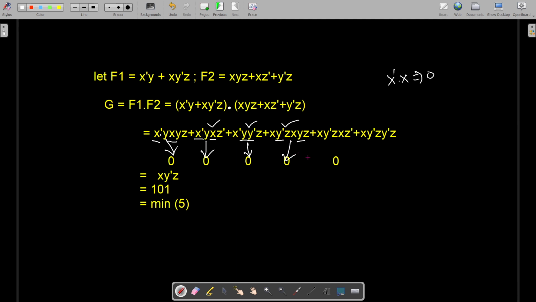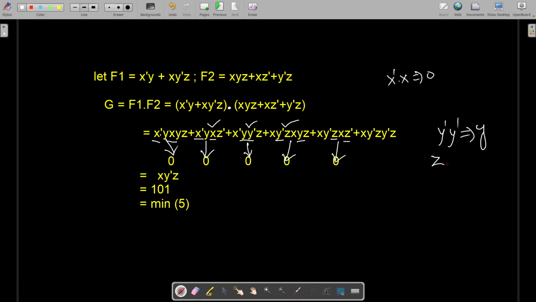So this also becomes 0. Then here if you check, we have this z and z dash, so this becomes 0. But when you look at this, here we have repetition of this variable, but we don't have the complement and the original in the same term. So instead of having it as twice y dash y, we can write it as y.